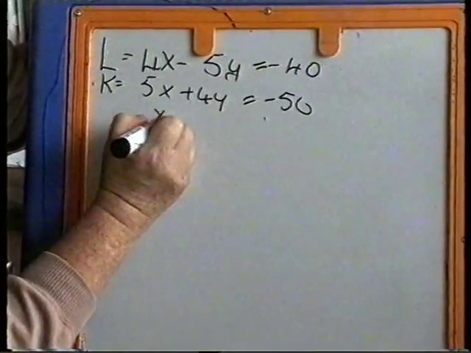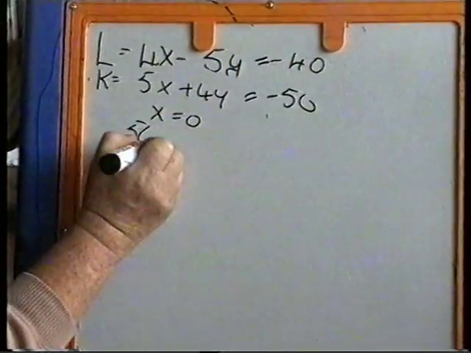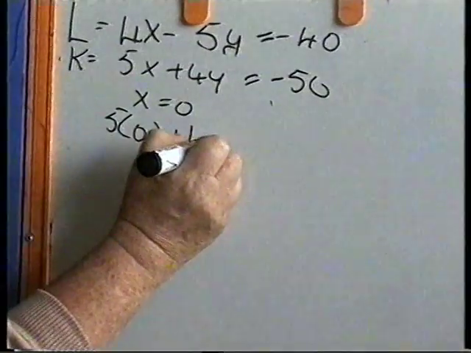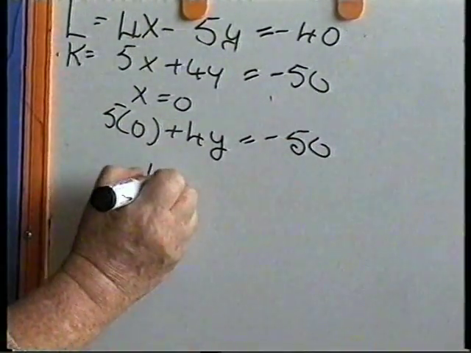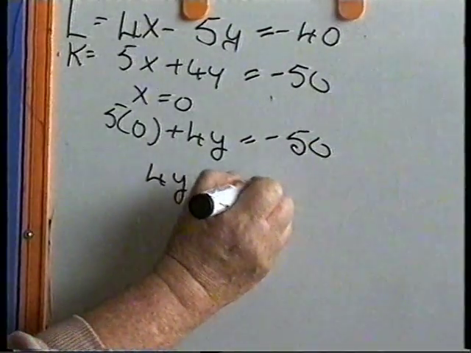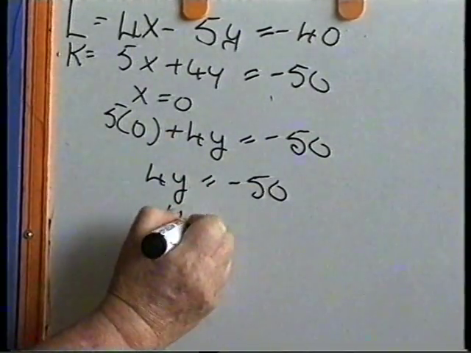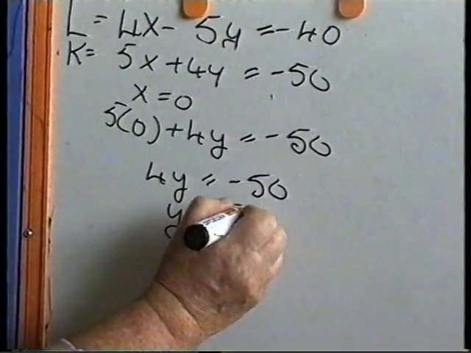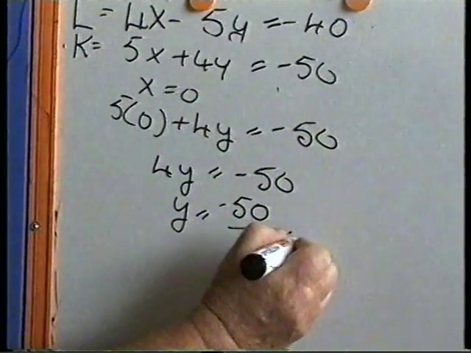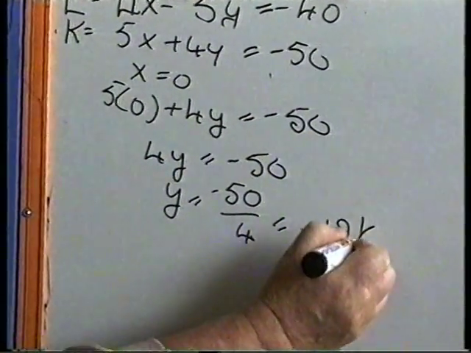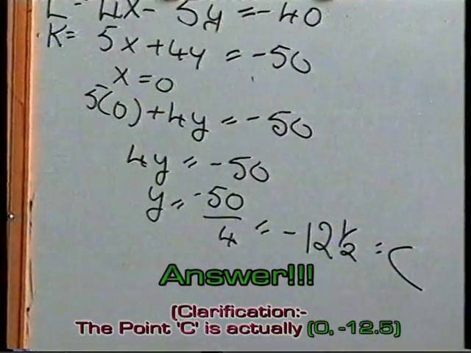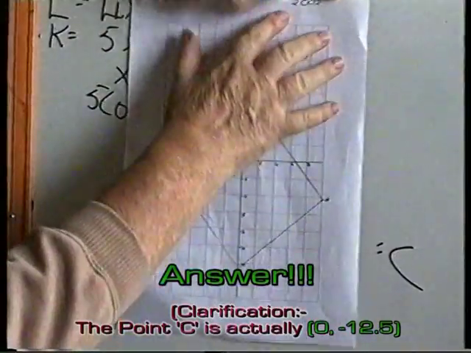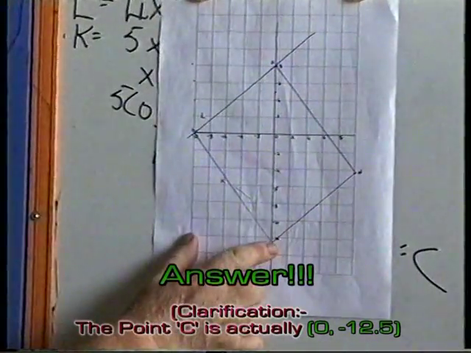If x equals 0, 5 noughts plus 4y will be equal to minus 50. That will be 4y equals minus 50. So y equals minus 50 over 4, which is minus 12 and a half. That's the point C. So we put that up there, and that's the point C.